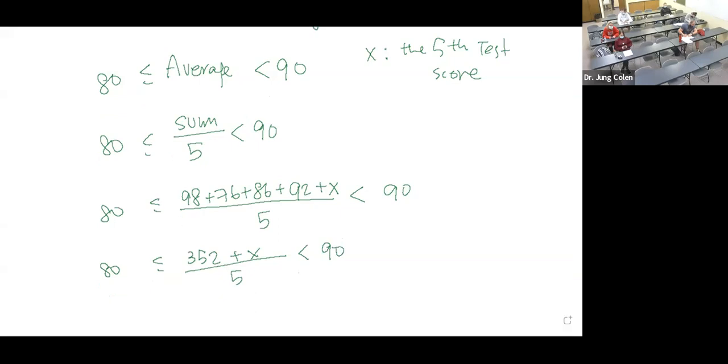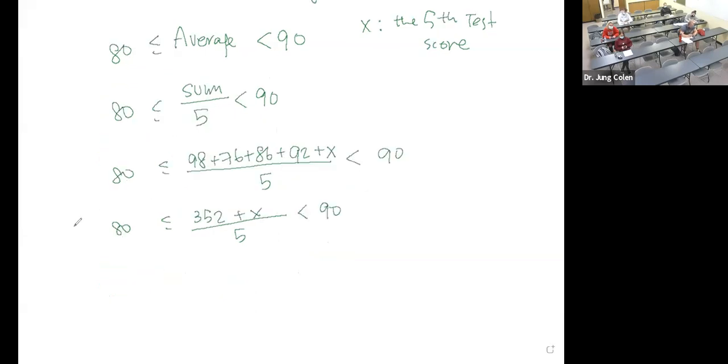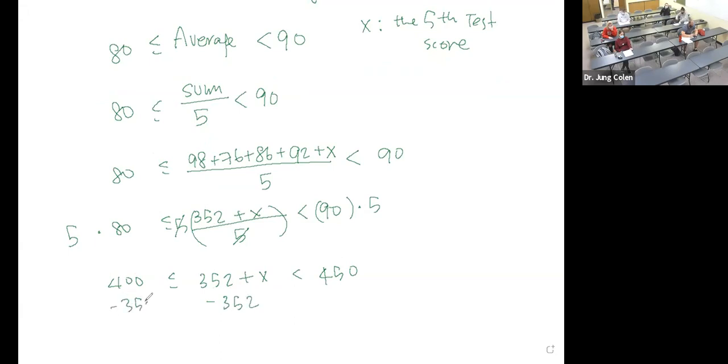What do I do next? Multiply by 5. Multiply this whole thing by 5. When you're multiplying by a positive number, there is no change to the inequality. So this is gone, and we have 5 times 80, 400, and you have 352 plus x. 90 times 5, 450, and subtract 352 on every side. 352, then you have x.